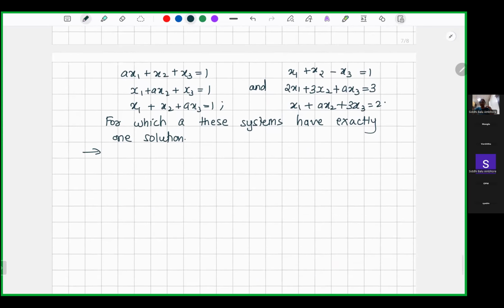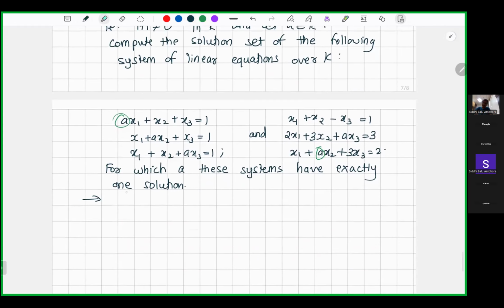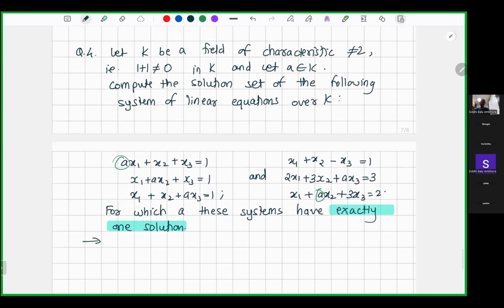So yes, now again we are back to the condition. Here again, if you see, there is only one variable A, and we have to find, as they have already asked, the condition on A where we have exactly one solution. So after discussing these three questions, we are on the fourth question.